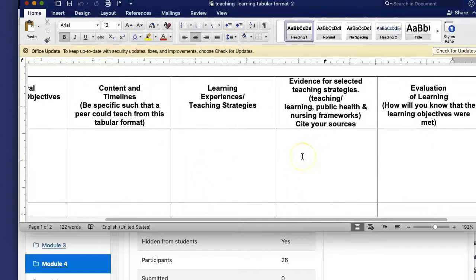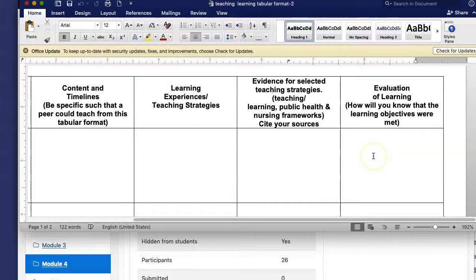And then my evidence, especially for you guys, I would highly encourage you to use the module, the teaching and learning module. So I would look up how school-age children learn and support what I have decided. And how would I know that the kids could cross the street? They would have demonstrated it to me, remember?